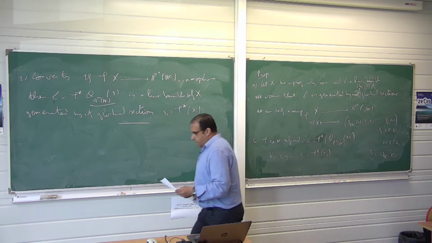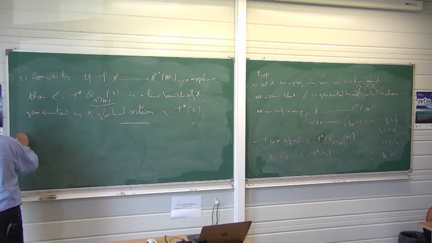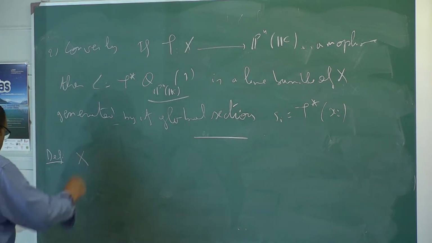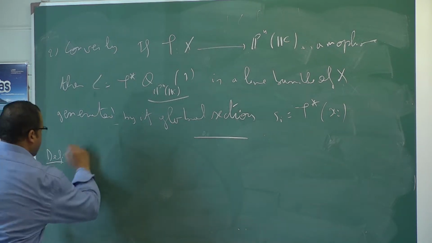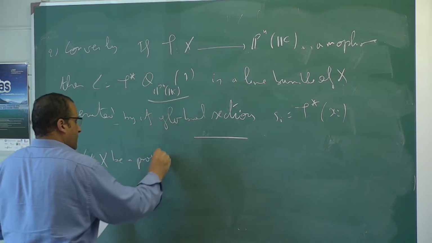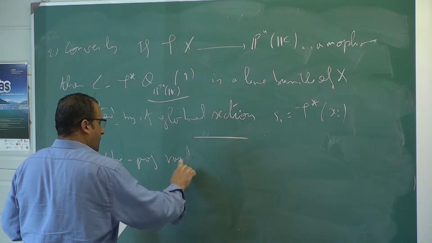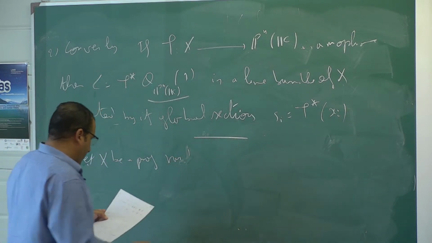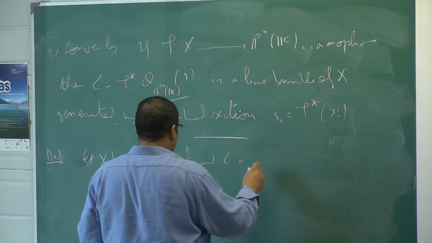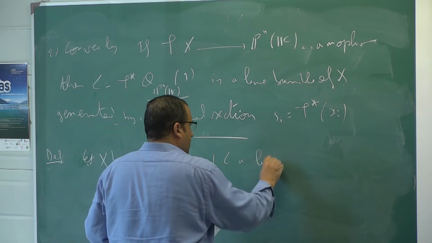So now just another definition. Let X be a projective variety, and L a line bundle.